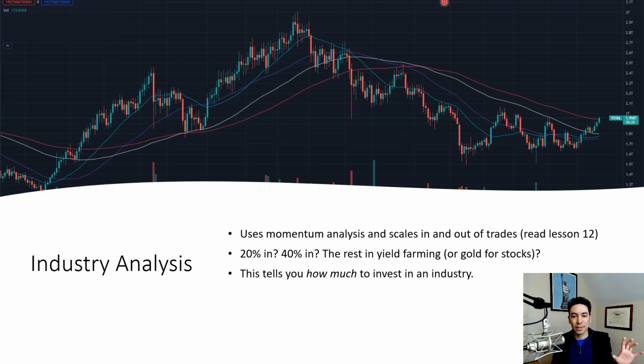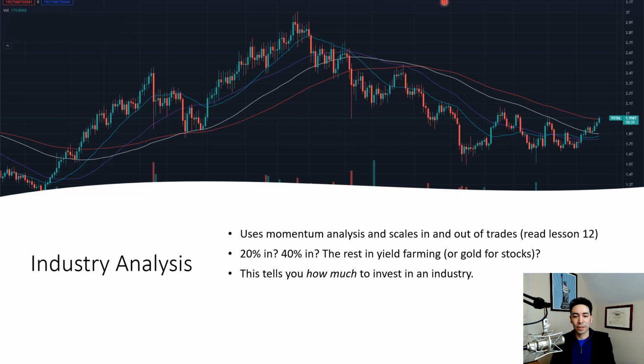what I do is I have a set of momentum-based signals, right, which combine to give independent signals of when to scale in and out of trades. And I discussed the idea of scaling in and out in lesson 12 of the Art of the Bubble, right?